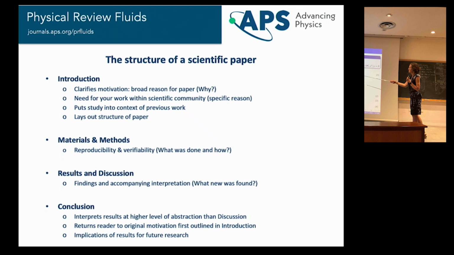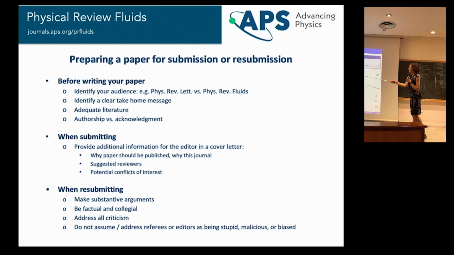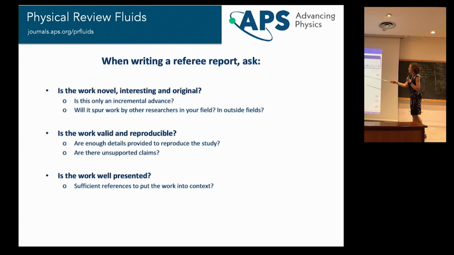Then in the results and discussion you should emphasize the findings, accompanied by an interpretation of what was new. And in the conclusion, we should go back to what was important, put it back into context, and explain what was the advance from that paper.